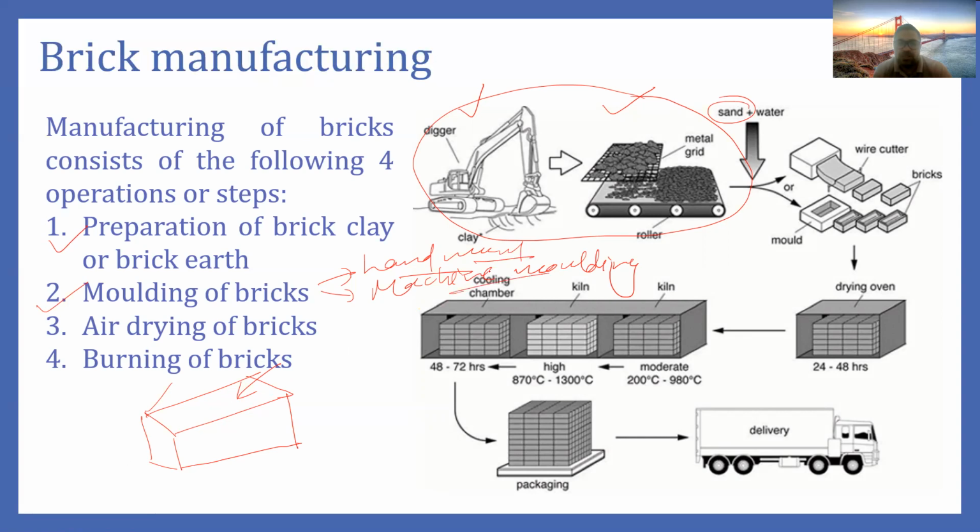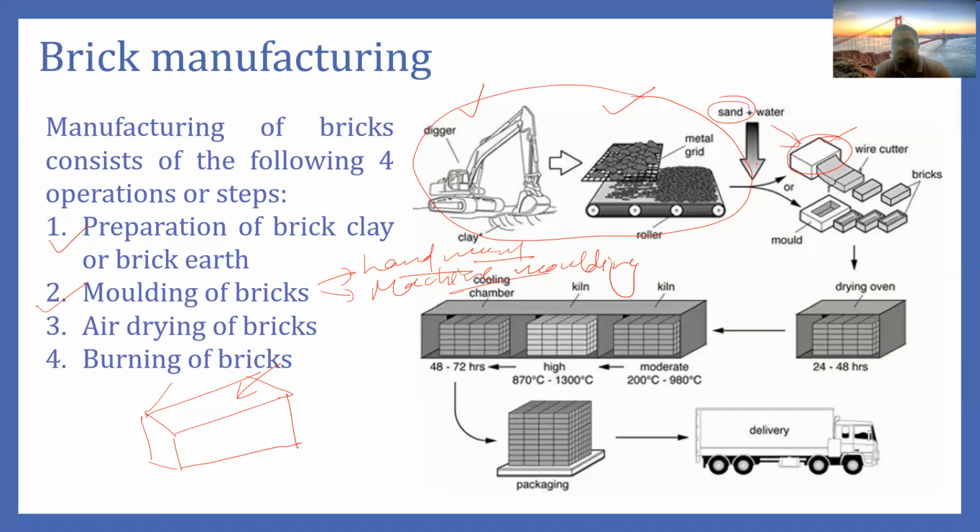So that is the process of hand molding, in which we force the soil into the mold. In machine molding, generally the soil is in a plastic state, and we force the soil through the machine. As you can see here, say this is the molding machine, and in this we force the soil such that all the corners of the mold are filled.